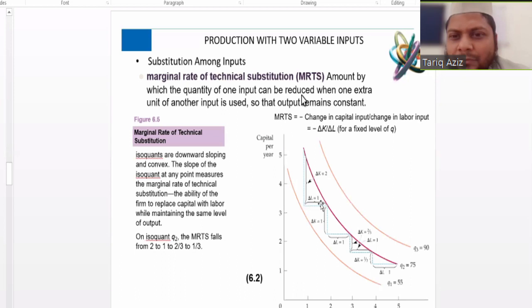We can calculate the marginal rate of technical substitution from here. Initially it was 2 and it has reduced to 1 by 3, that is 0.3.